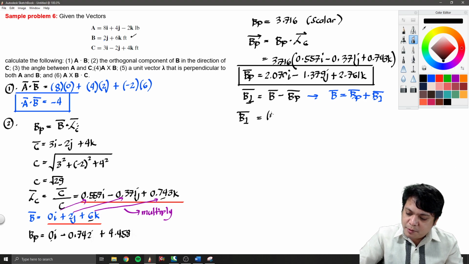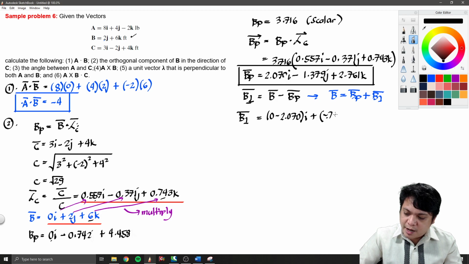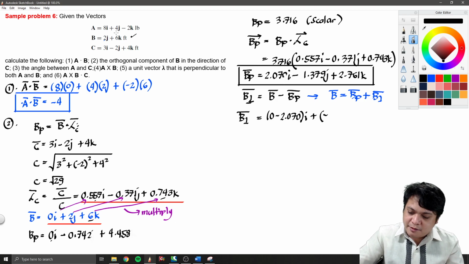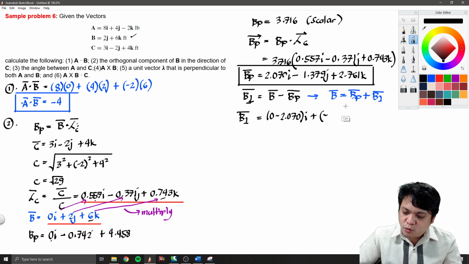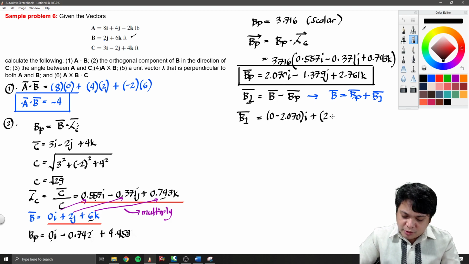Okay? So, you will be having 0 minus 2.070. This is I. Minus point B. Yung B natin, minus 2. Oops, 2. And then, minus, this one, so magiging plus. 0.